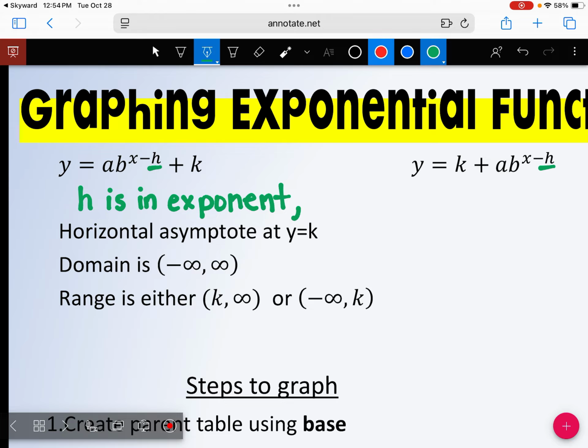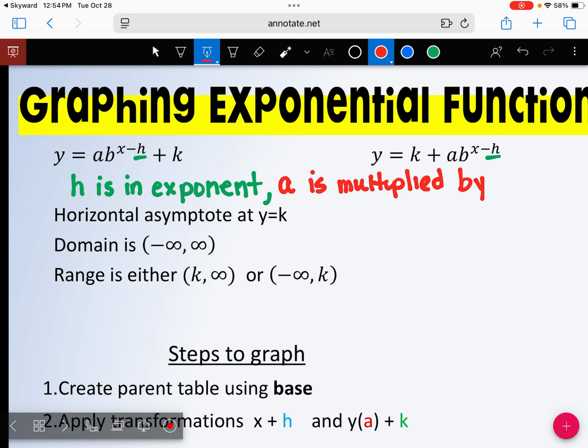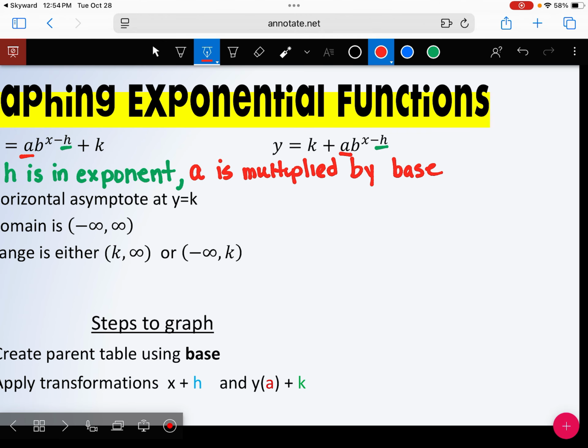The a value, a is multiplied by the base. So in this example, it could be here or it could be here. And then lastly, that k value, k is added to the equation.